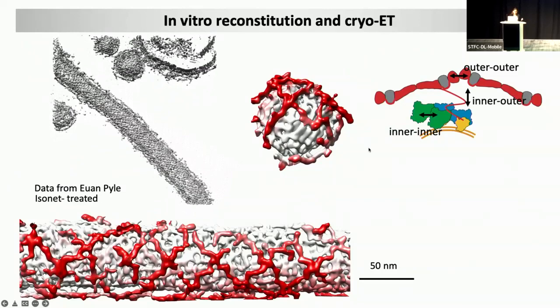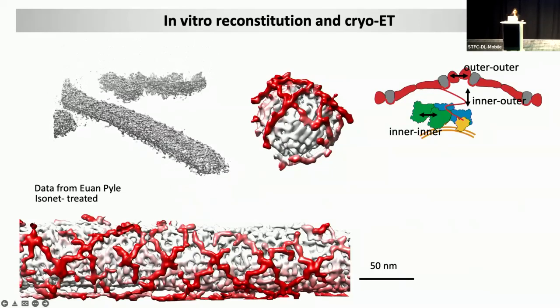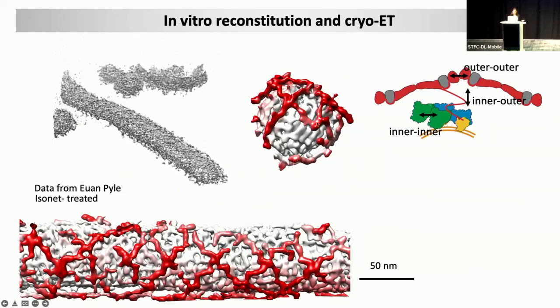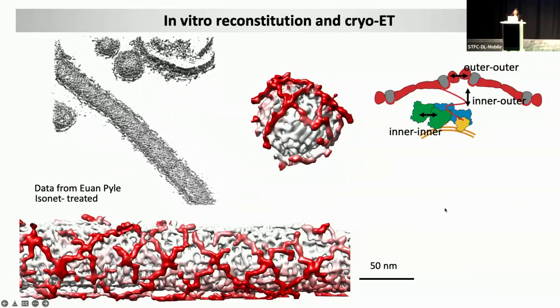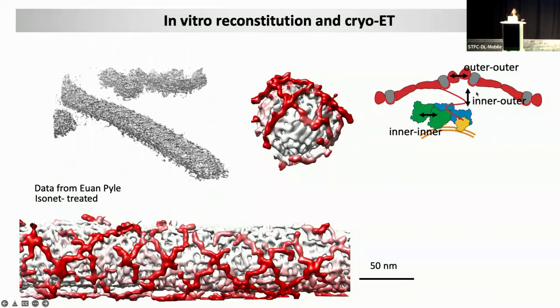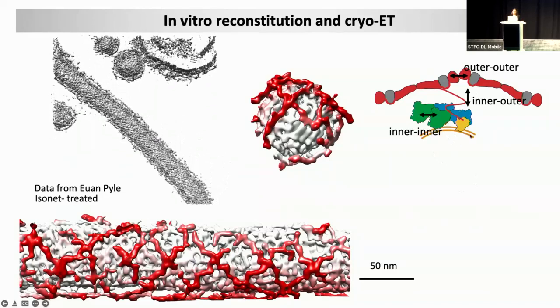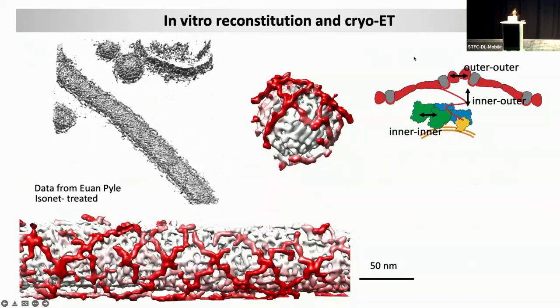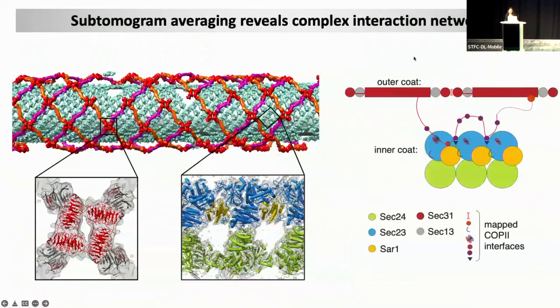And then here you can see the raw data, which has just been filtered and denoised, where you can see the two layers of the coat. So basically, we have used this type of data to get the structure of the inner and the outer coat by subtomogram averaging, and that is summarized here.